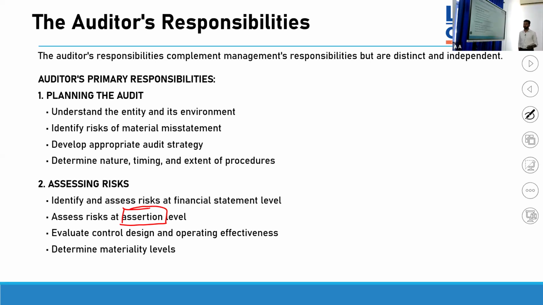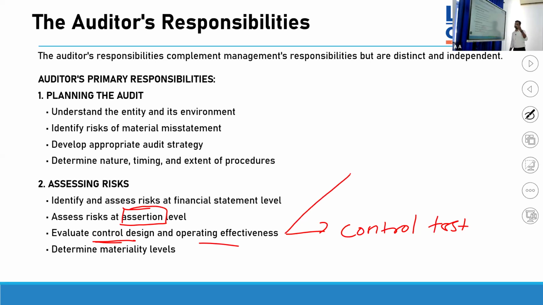Next one is evaluate control design and operating effectiveness. Here we do the control test, right? Before we do the substantive audit procedures, detailed audit procedures, initially we test the effectiveness of the controls.